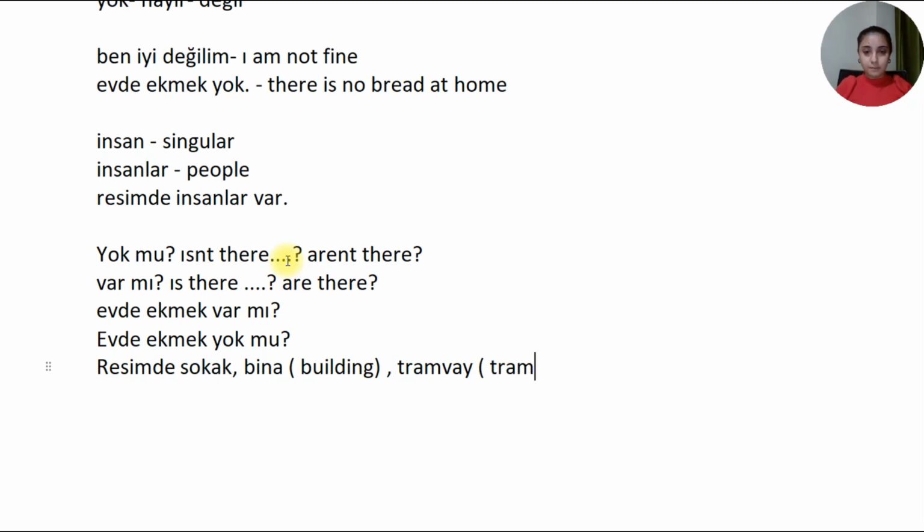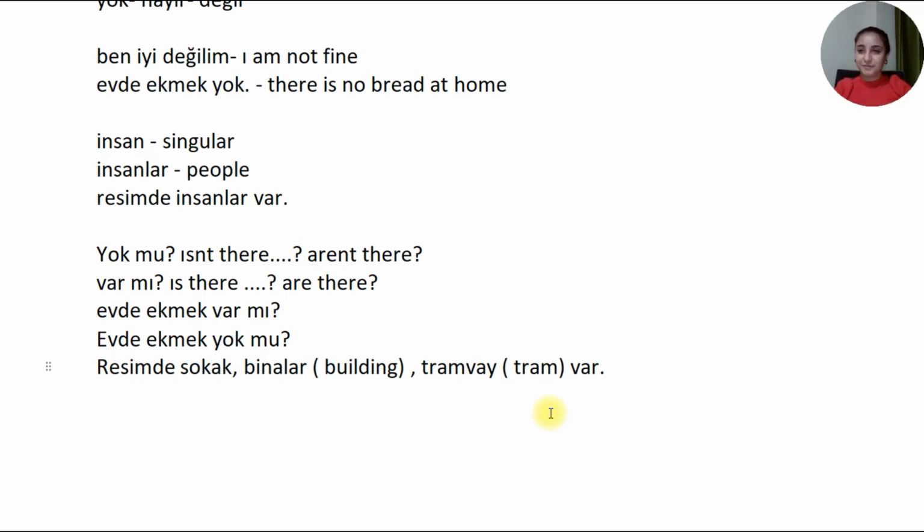It is tram. Var. There is or there are. There are street, buildings, and tram var. And we can make it plural, binalar, because there are more than one. And this is the answer. Resimde sokak, binalar, tramvay var. In the picture, there is a street, buildings, and tram.